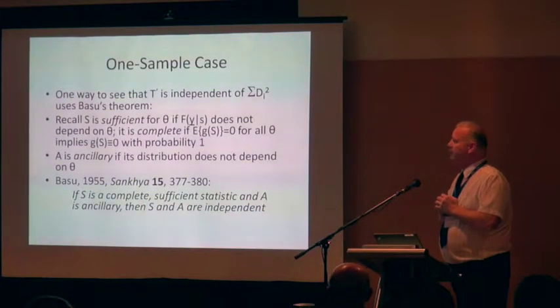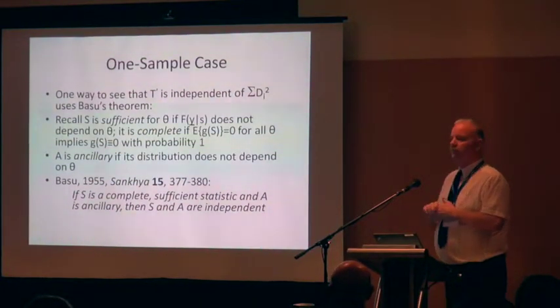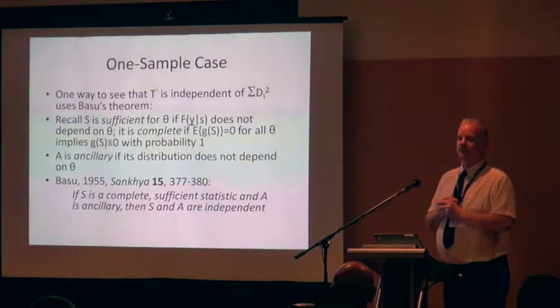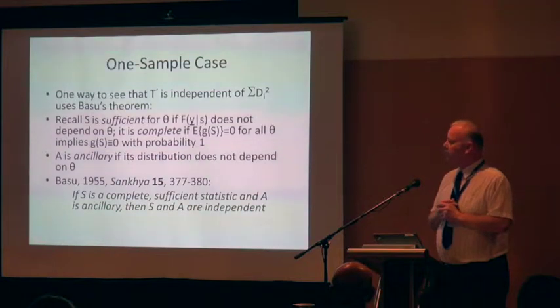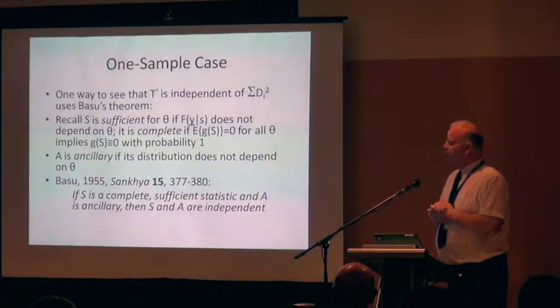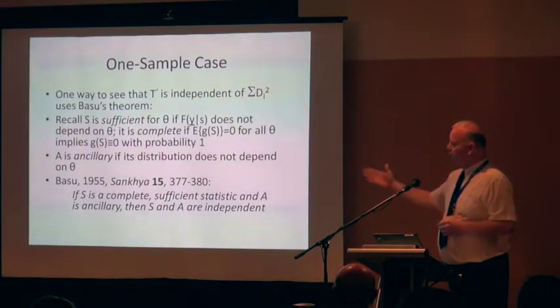And one way to see that uses Basu's theorem. I was fortunate enough when I was at Florida State to have Basu as a professor. He was at Florida State, and I learned a tremendous amount from him, but he has a beautiful theorem.